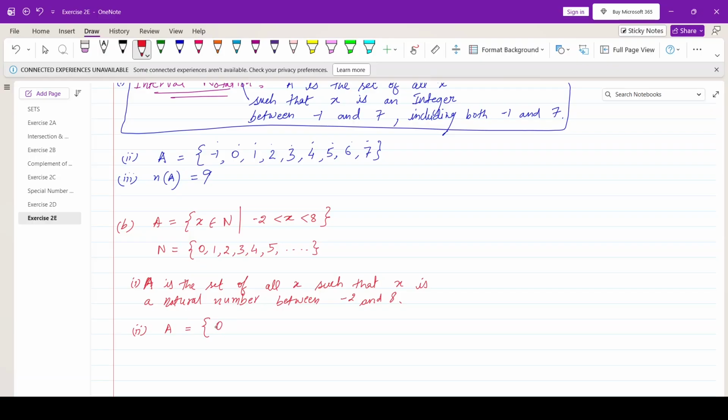So the elements will be 0, 1, 2, 3, 4, 5, 6, and 7. Part 3 says, find the number of elements in A. The number of elements in A is 1, 2, 3, 4, 5, 6, 7, and 8. This is our answer.